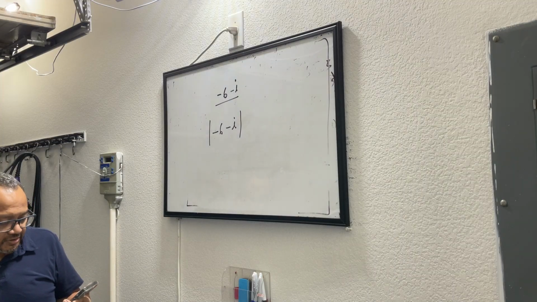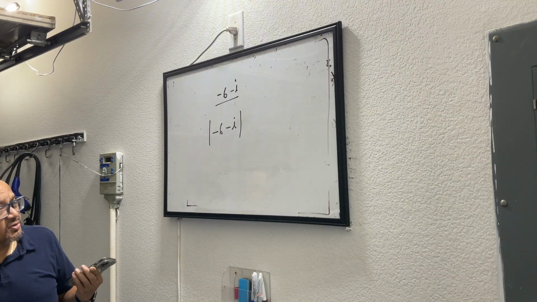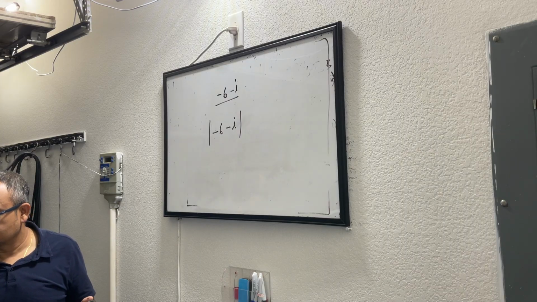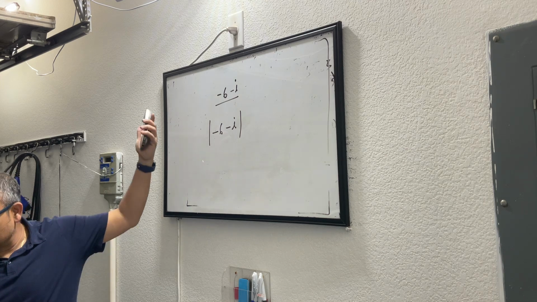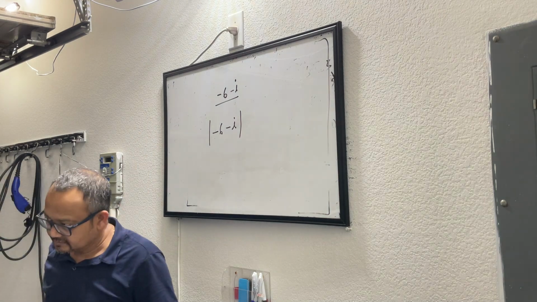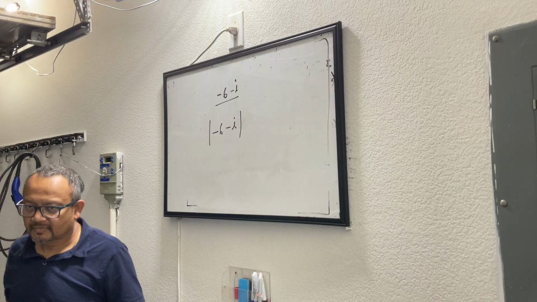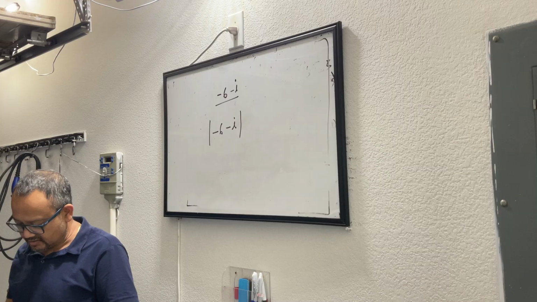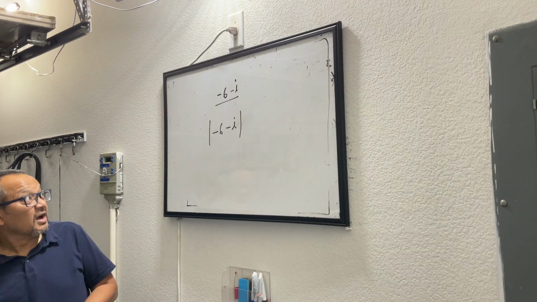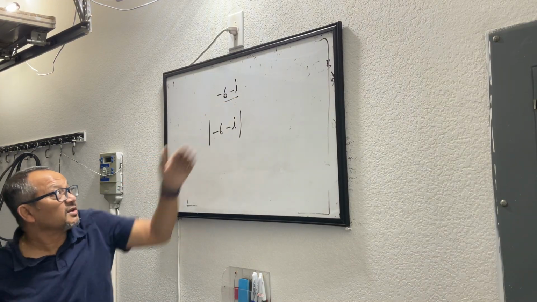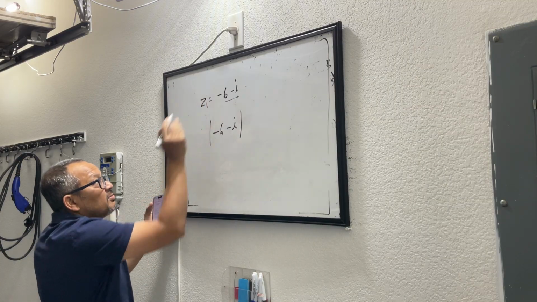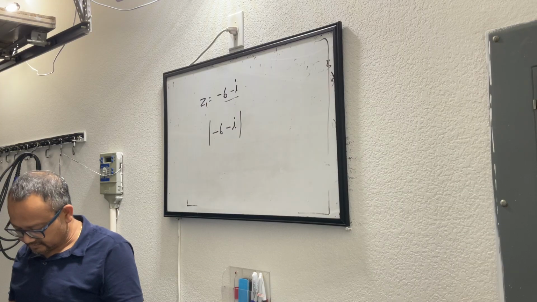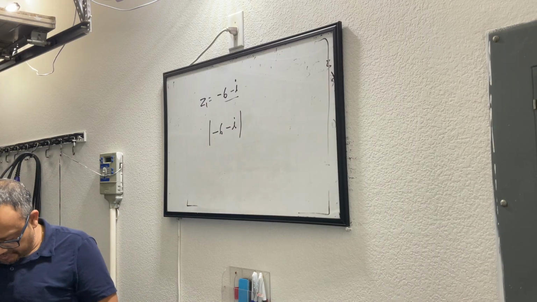Okay? So, would you guys be able to find the modulus real quick? I have a complex number -6 minus i. We are being asked to find the modulus of the complex number, or the absolute value. That should be an easy one.